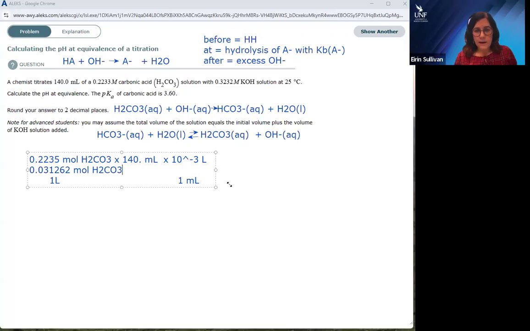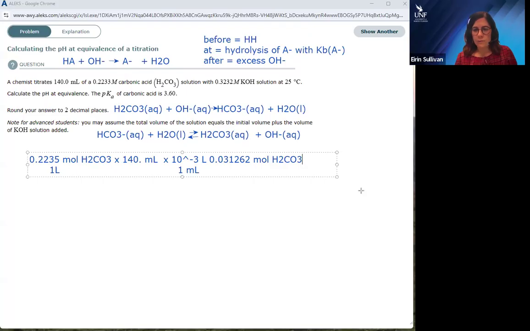And then I am going to need to work out what is going on with my added hydroxide. So I didn't write an equal sign in there, oops. I have my concentration of my hydroxide. I don't actually know from this what volume of hydroxide I've added, but I can work that out because I've got its concentration and I know how many moles I have to neutralize because I just worked it out.